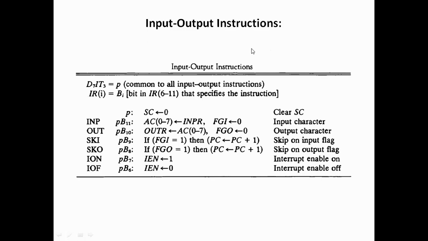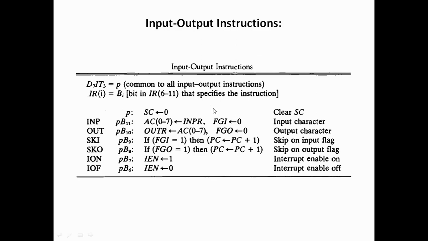Fine. So first the character will be written into the input register, and at the same time a flip flop will be set. This will act as a flag and will tell the processor that a character is coming. Now if I have to do input, what will happen?